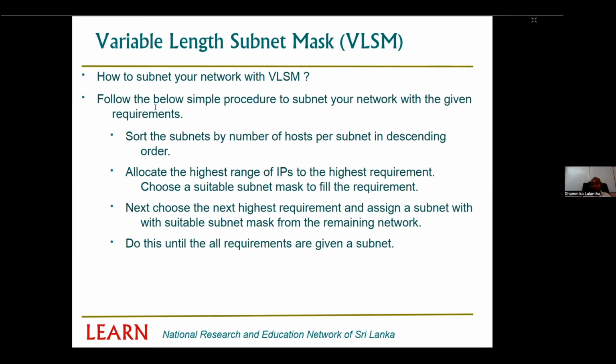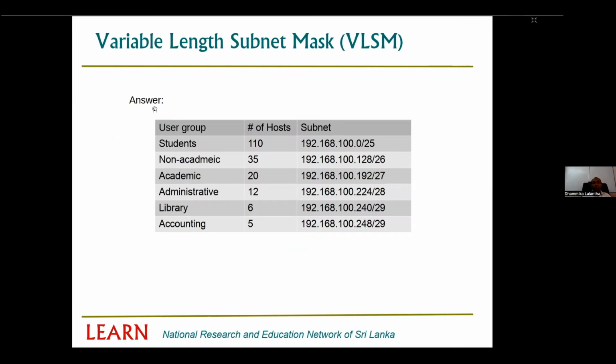We do this until all the requirements are given a subnet. So this is the answer, and as you can see, we have given the first subnet to the maximum requirement.